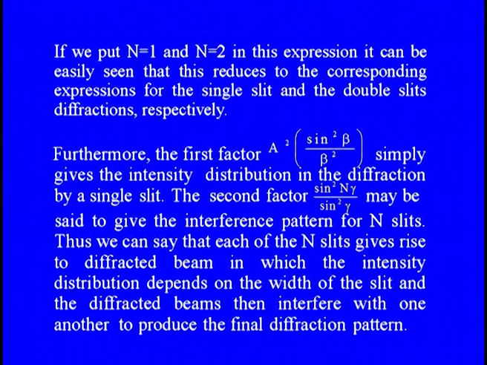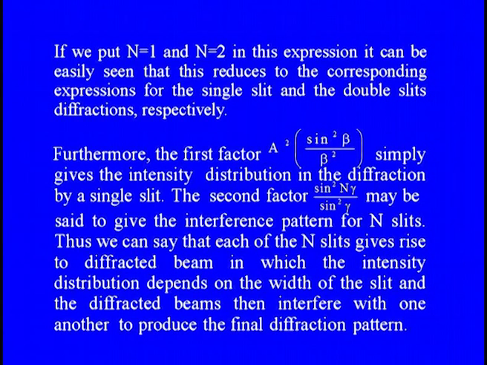Now, if we put n equal to 1 and n equal to 2 in this expression, we will find the results which we have already obtained for the single slit and double slit diffraction patterns respectively. Further, the first factor in this expression, that is A squared sin squared beta by beta squared, simply gives the intensity distribution in the diffraction by a single slit.